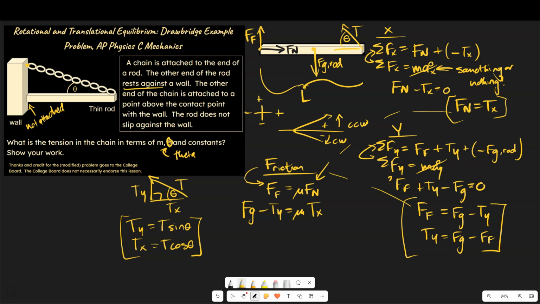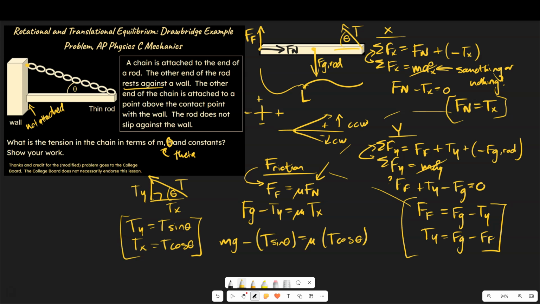So now what we're going to do is take this equation, and instead of writing tension of the y and tension of the x and treating them as if they are two different variables, we're going to treat them as if they are one variable. Let's simplify Fg as well. Just immediately call this mg, and we'll say minus, and then this tension of the y we said was tension sine theta, and we have is equal to mu times tension of the x, which is tension cosine theta.